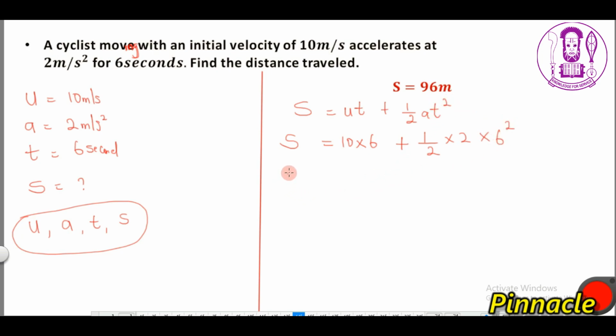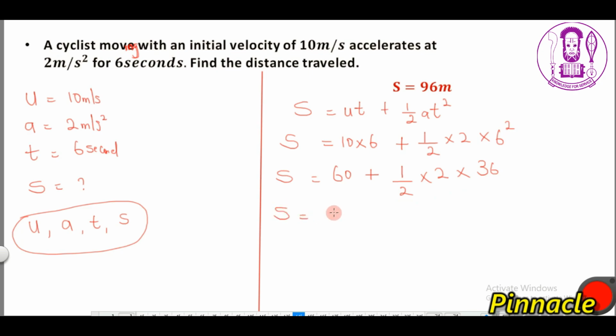So my distance S is equal to 10 times 6, which gives 60, plus 1 over 2 times 2 times 6 squared, which is 6 times 6, giving 36.